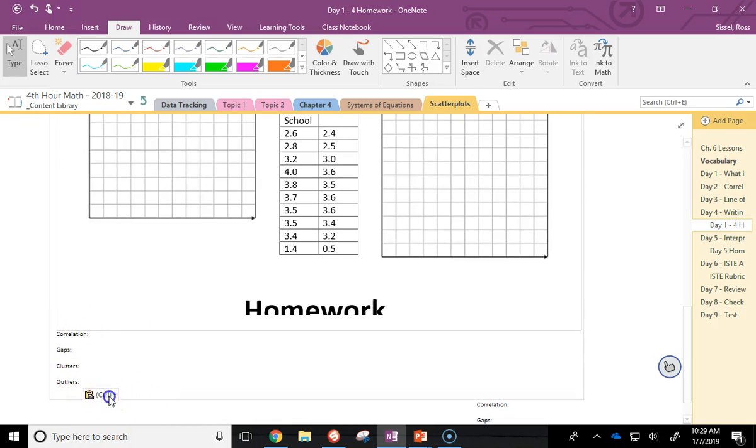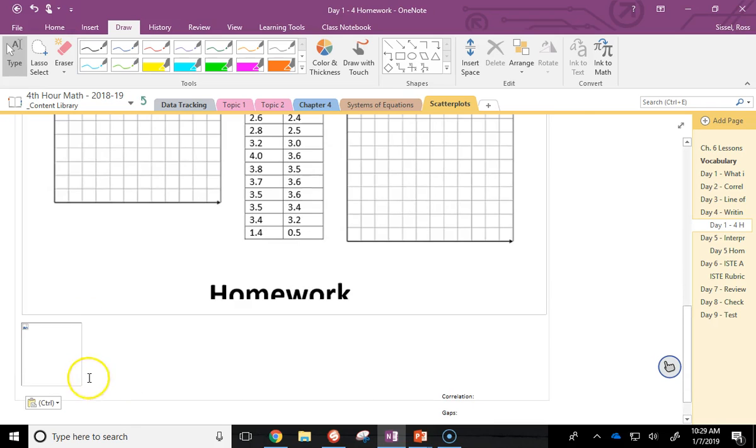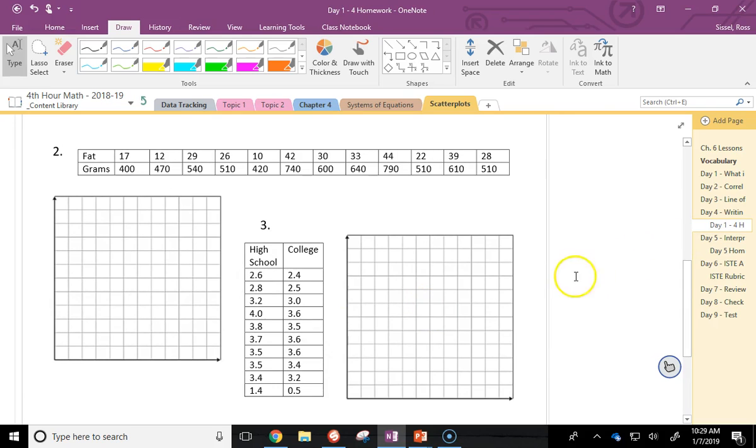You need to identify the correlation, the gap, the clusters, the outliers for number two. Gentlemen. And on number three, you have to identify the correlation, the gap, the clusters, the outliers. Okay? So once again, I want to make sure everyone's clear on the homework. You're going to look back at yesterday's homework.